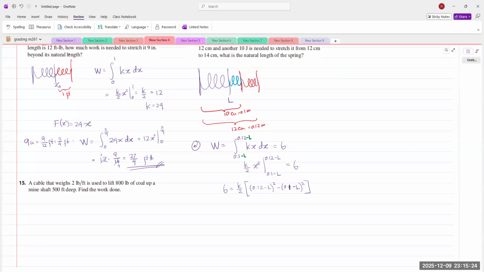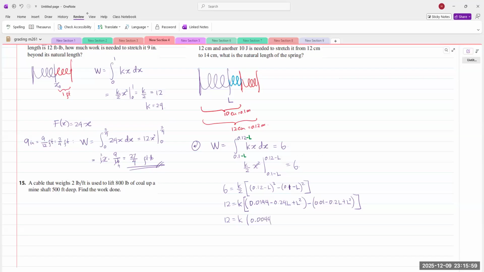Let me simplify this a little bit. So this is 12 equals k times (0.0144 minus 0.24L plus L squared). That's for the first group. Minus the second group, which is 0.01 minus 0.2L plus L squared. So 12 equals k times 0.0044.